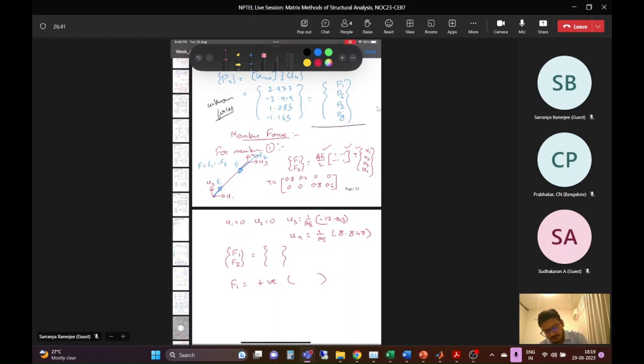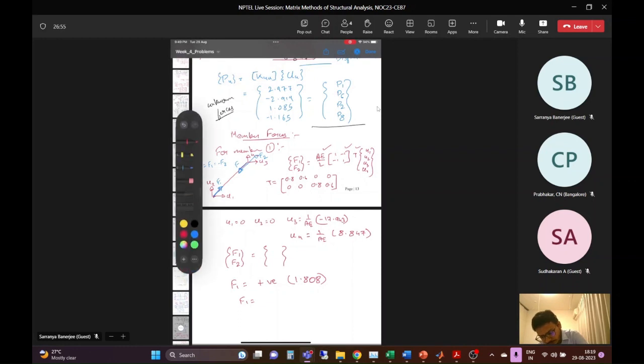So the answer of this F1 for member 1 would be 1.808, and this would be positive. So F1 is, so not F1, let me write, F is 1.808 compression for member 1. This is the answer.